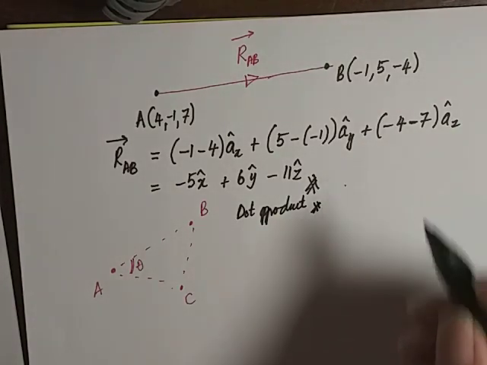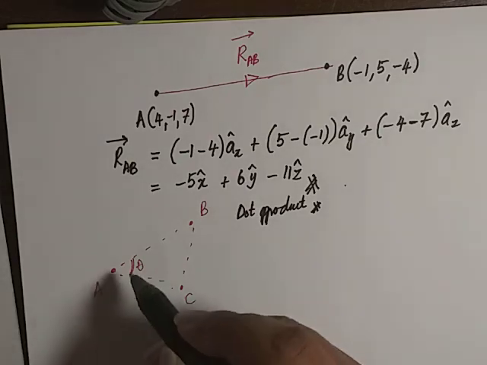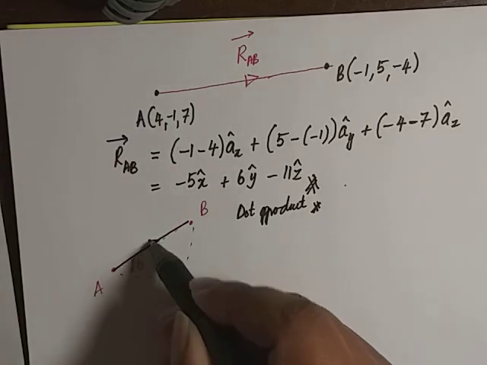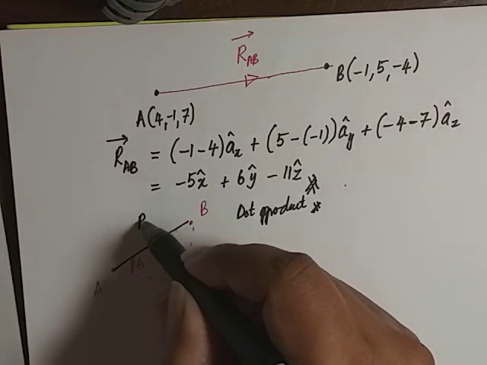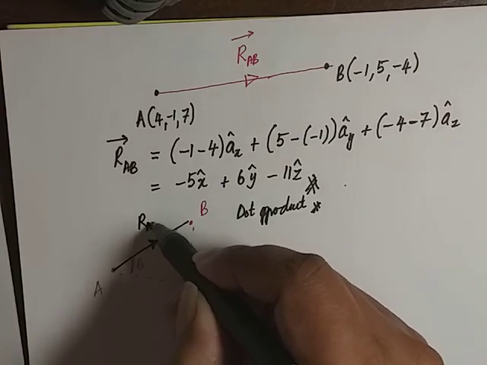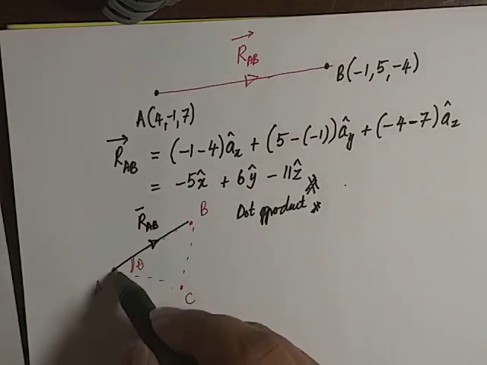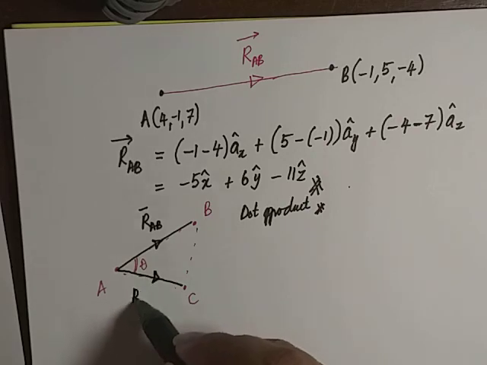There are two vectors now. One vector we have defined earlier, the first vector we want to consider, which we call R_AB, and at point A we can see another vector appear, the second vector, which we call R_AC.